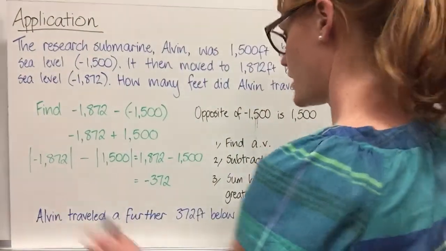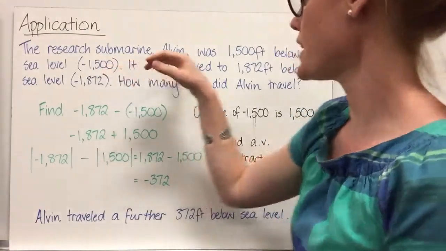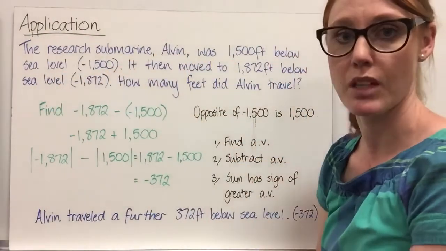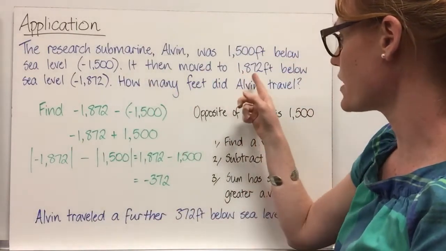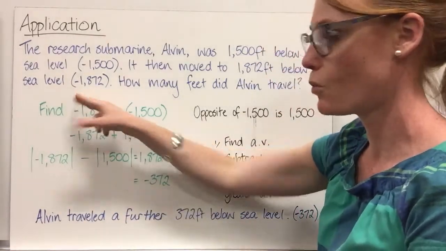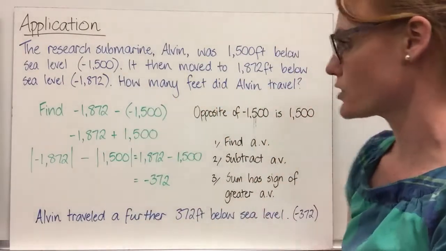Let's have a look at an application example. The research submarine Alvin was 1,500 feet below sea level, which can be indicated by negative 1,500. It then moved to 1,872 feet below sea level, or negative 1,872. How many feet did Alvin travel?